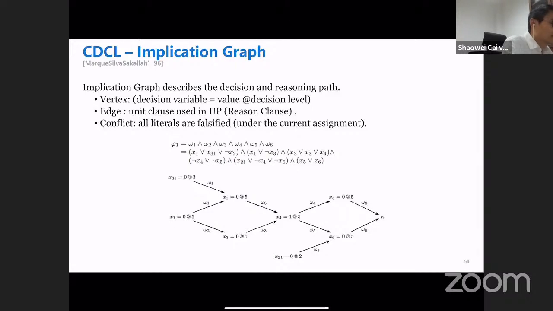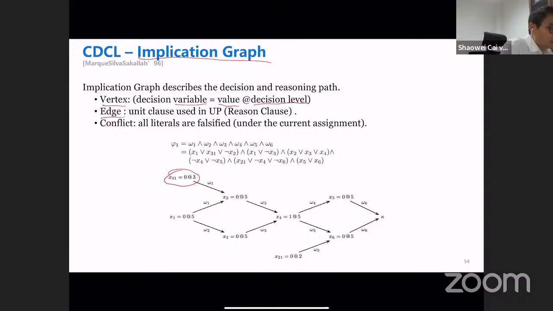This is based on the concept of the implication graph, because you want to learn something from conflicts. For convenience, the algorithm maintains an implication graph during the search. In this graph, we have vertices and edges. A vertex describes the information about a variable, including its value and its decision level.